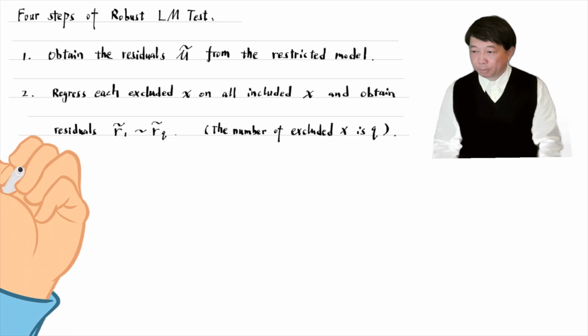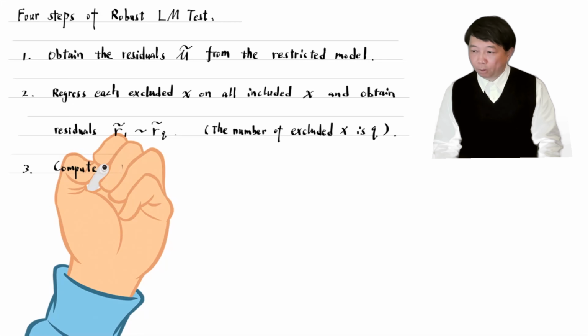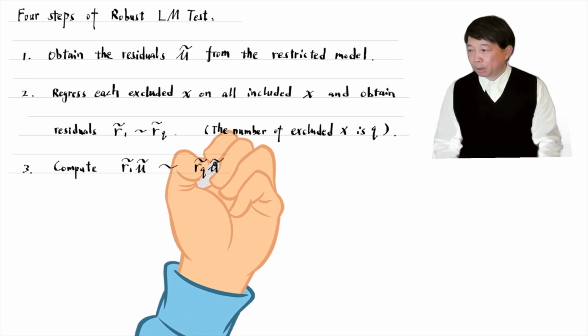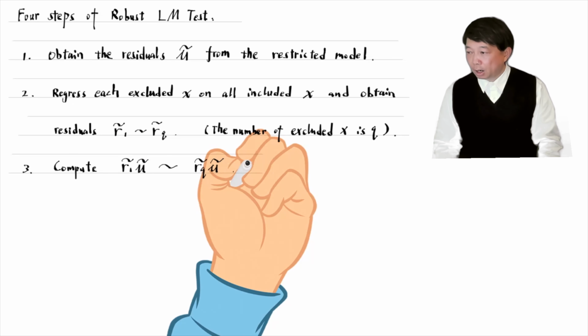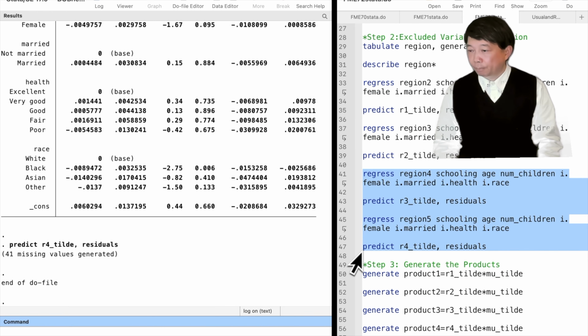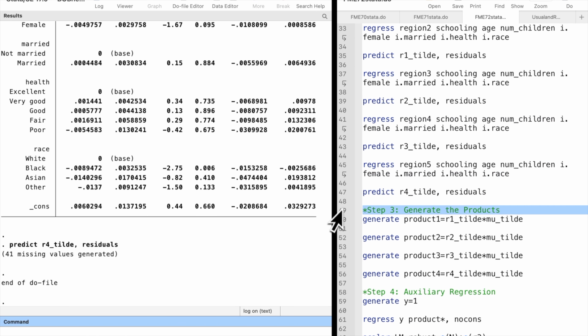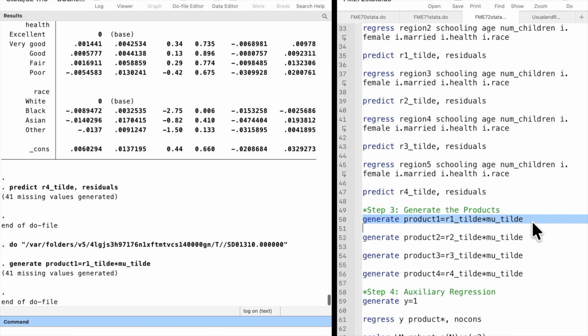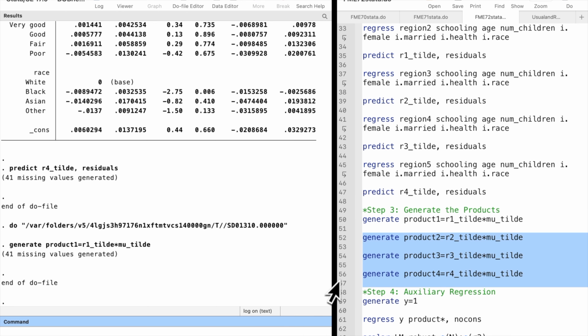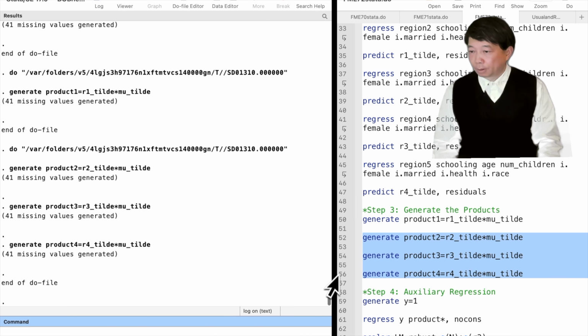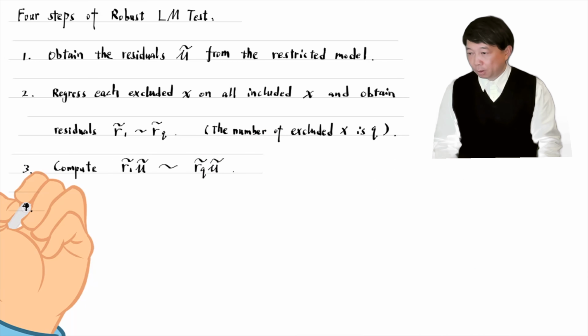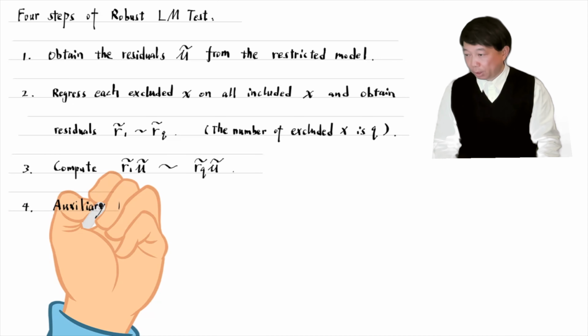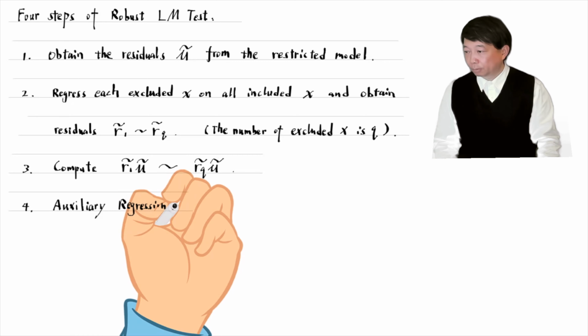In the third step, we generate 4 new variables equal to the products of each R tilde and mu tilde. In the fourth step, we run an auxiliary regression without an intercept.